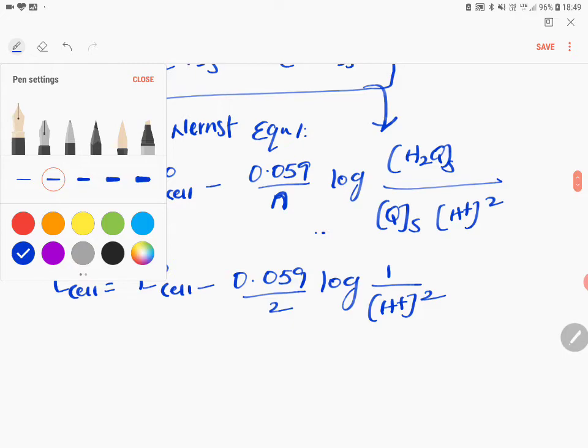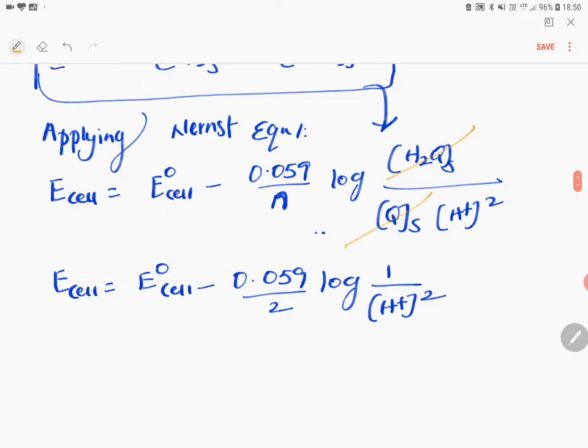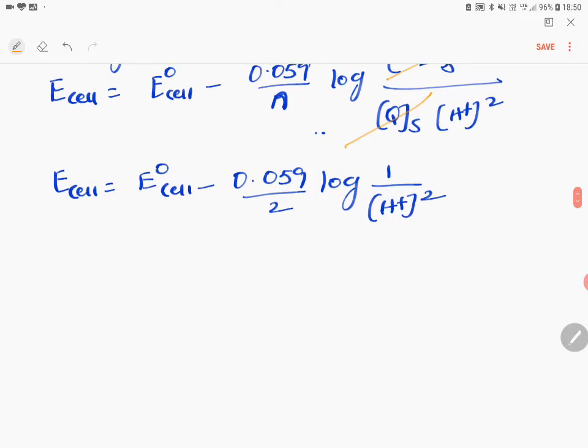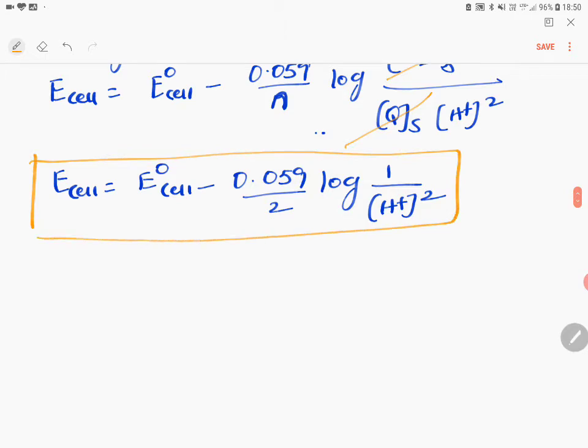Because once again I am repeating, just now we discussed the IUPAC, solids are equal to unity, this will get cancelled. Now, supposing they give the concentration of H plus is equal to 0.1 molar for example, you can apply and get the value, and they will give E naught cell also, you can calculate.